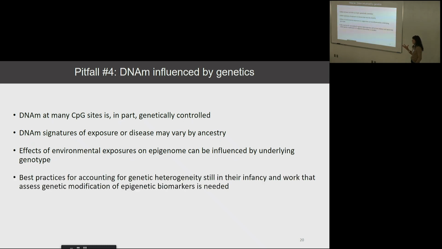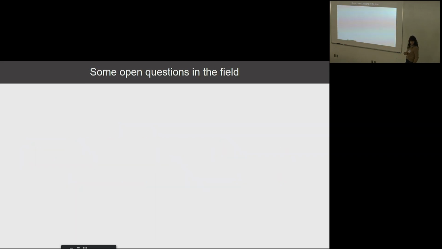I would just say overall that I think best practices for accounting for genetic heterogeneity are really still in their infancy in this work. And so, something that I think we'll see more active work coming out to show how best to deal with that as more and more data become available.